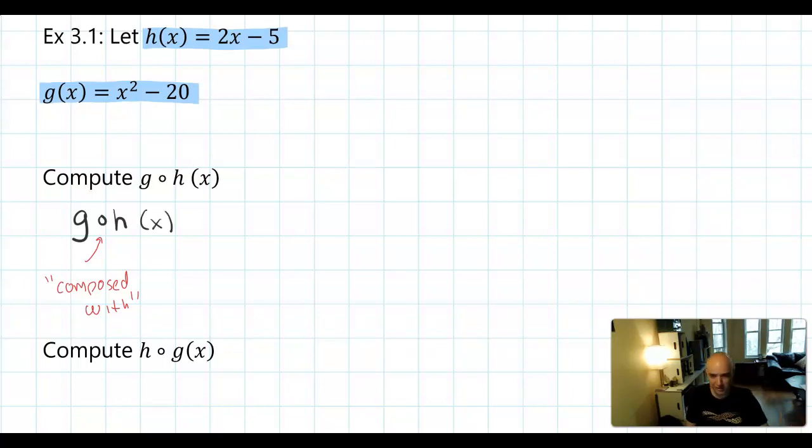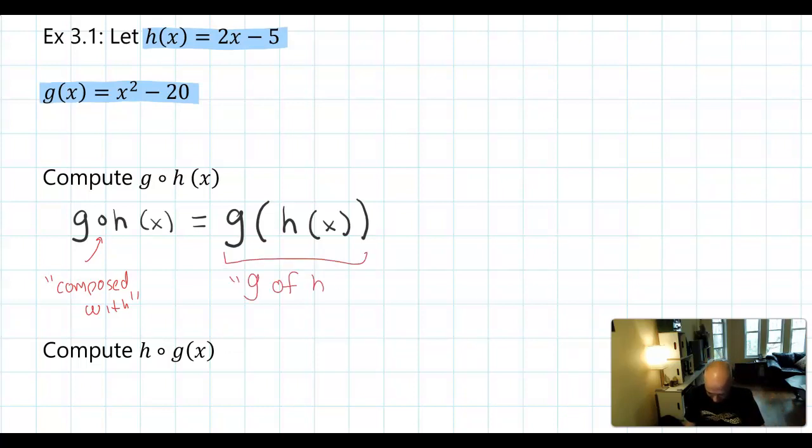It's not like you're distributing the x across this weird circle. This is saying to let g be the outside function, h be the inside function, and you're going to put h into the inputs of g. You can also say, especially when it's written this way, g of h of x is how we would say it out loud.